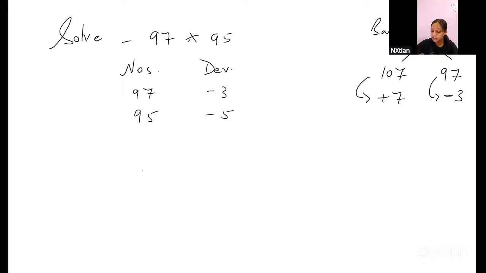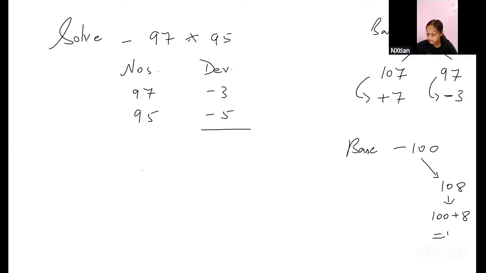Why minus 5? Okay, I'll explain again. Suppose I have the base 100. Now, if I have a number that is close to 100 but more than 100, for example 108, what will be the deviation? 100 plus 8, so 8 is going to be the deviation.